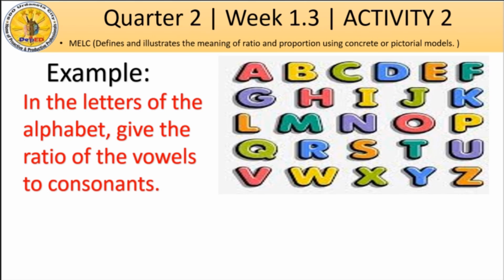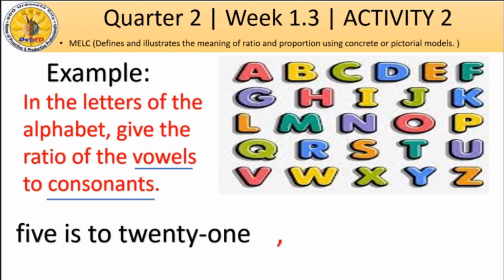In the alphabet, there are 5 vowels: A, E, I, O, U, and 21 consonant letters. So the answer is 5 is to 21. And these are the three ways to write its ratio: through words, using the punctuation colon, and in fractional form.